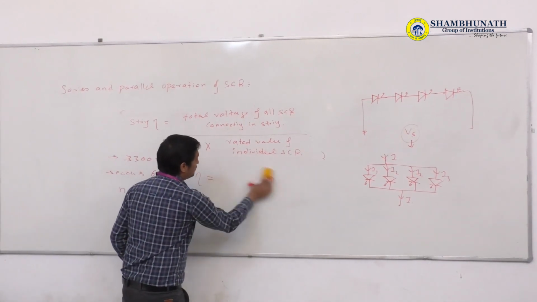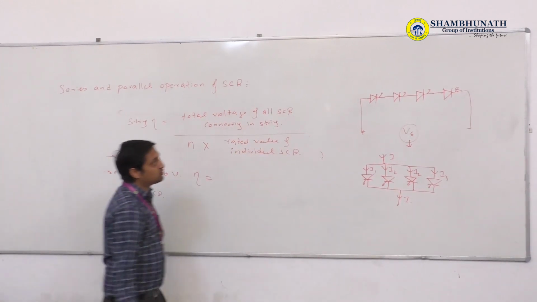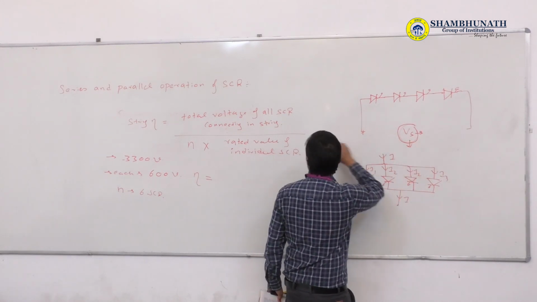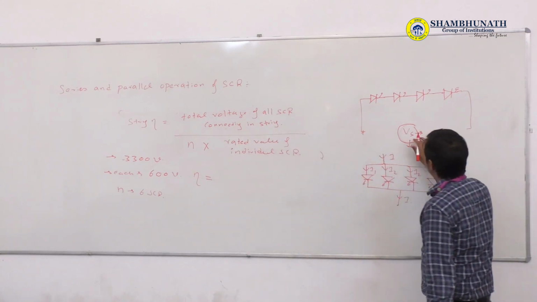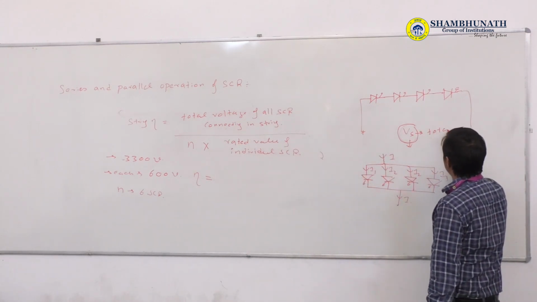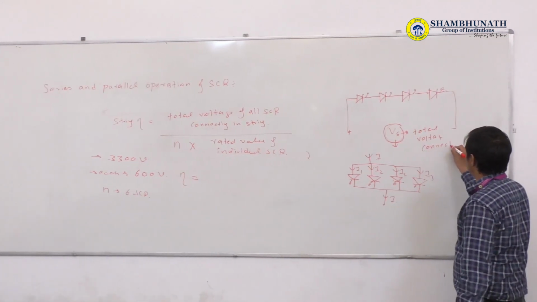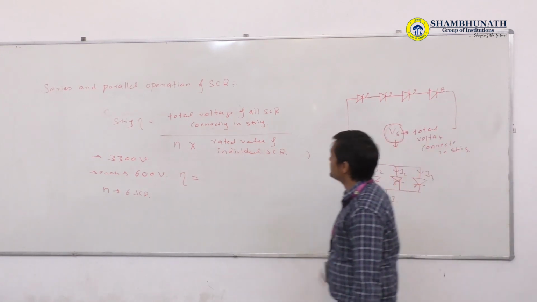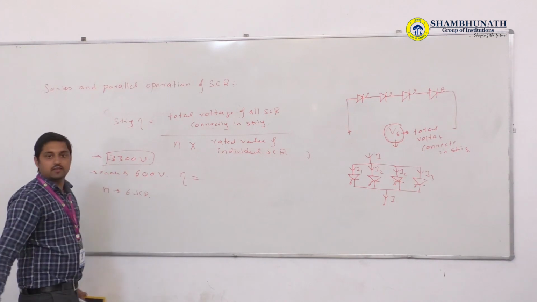That means the total voltage of all SCRs connected in a string, Vs, is equal to 3300 volt in the given example.